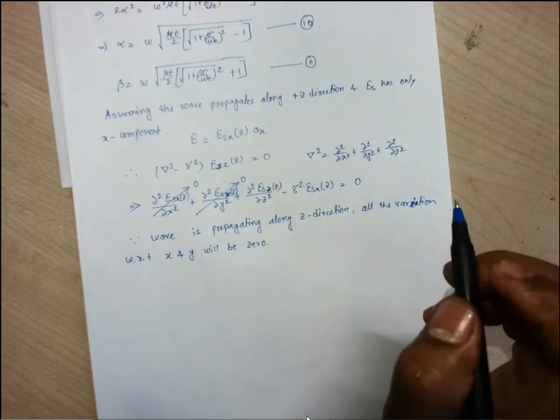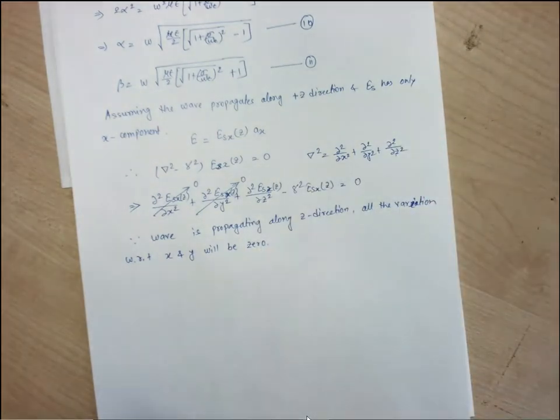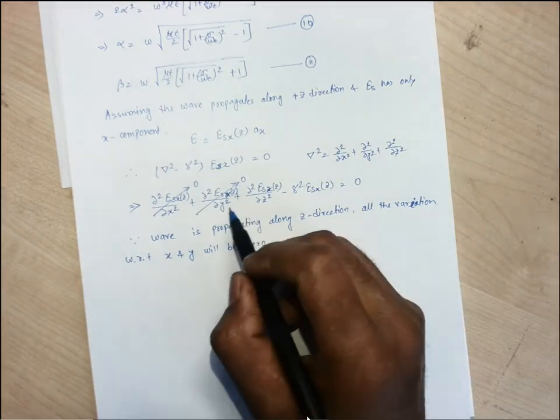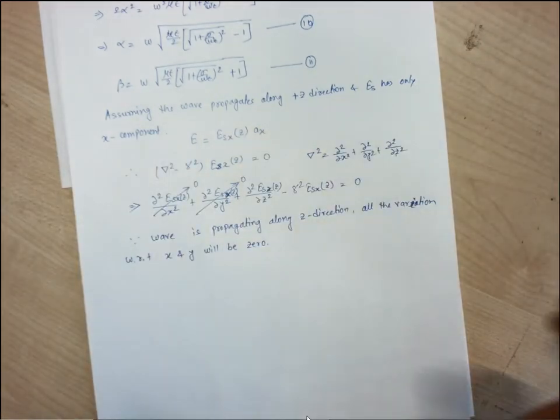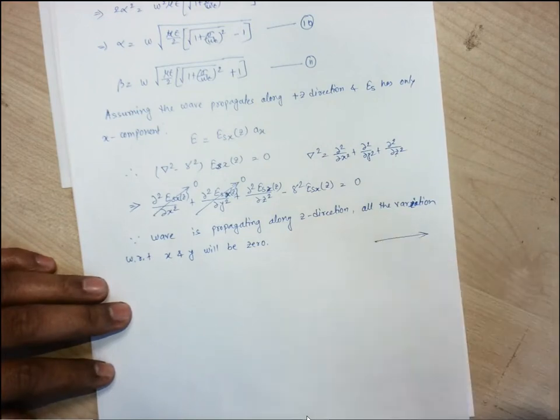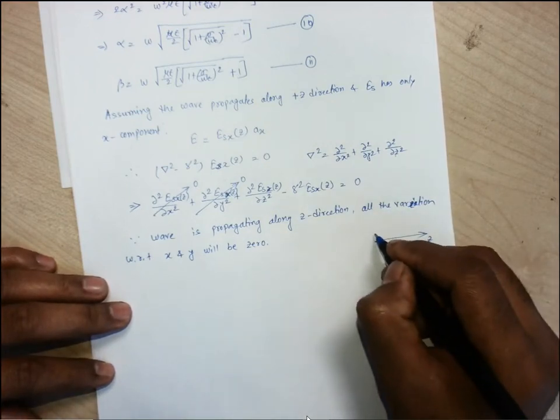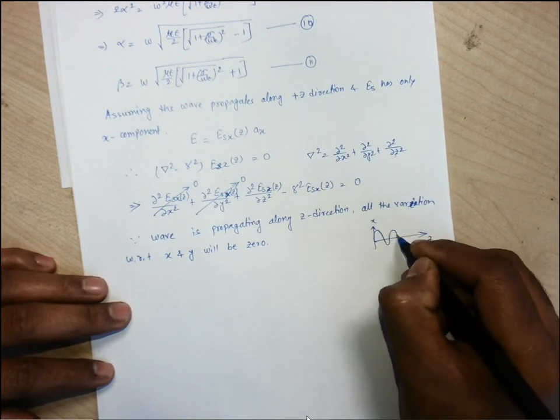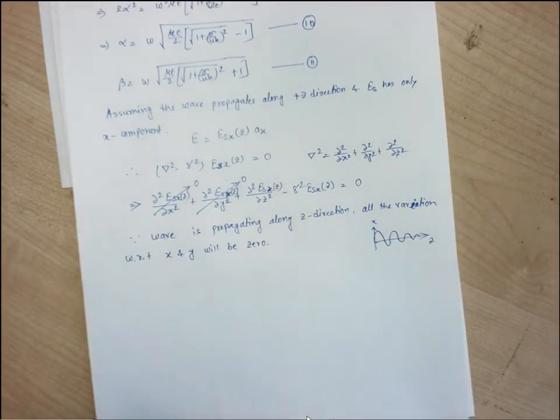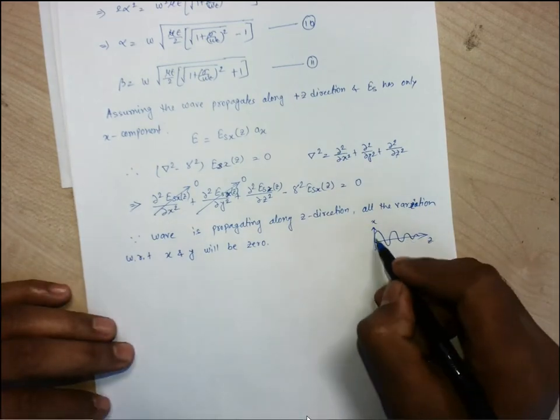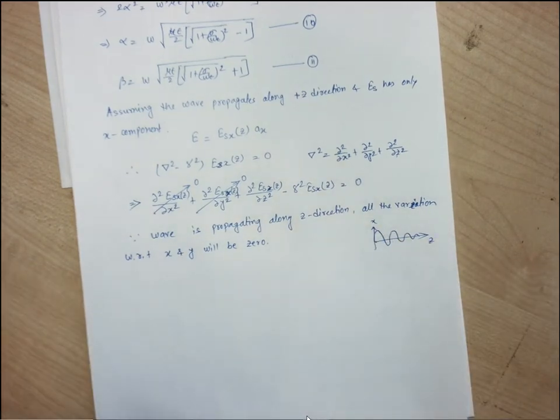Because we have assumed our wave is propagating along the z direction and the electric field has x component. So we can say that the variation will be present only with respect to the z coordinate. The wave is propagating in the z. So whatever the field component, let us consider it is x, the electric field will be like this, but the variation will be with respect to this z, because the wave is propagating along the z direction. So there will be no propagation along x, no propagation along y. There is no variation along x, there is no variation along y.